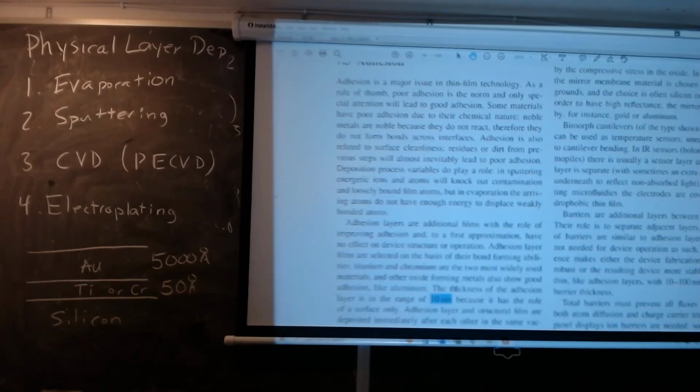So if I tried to make a contact with just titanium, and then I pulled it out of the chamber, it would immediately oxidize in air, forming an insulator on its surface, and so it wouldn't work well for depositing other metals on, or bonding, or probing. Whereas gold, because it's a noble metal, doesn't react, you want to use it as a surface, as what is exposed to the atmosphere.